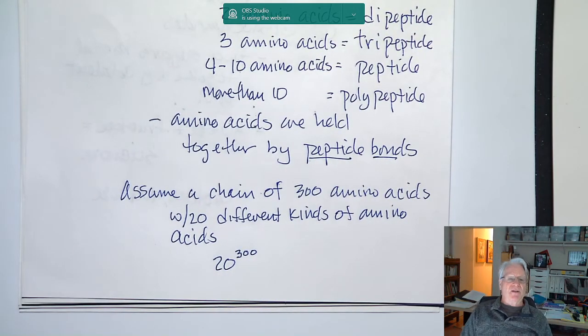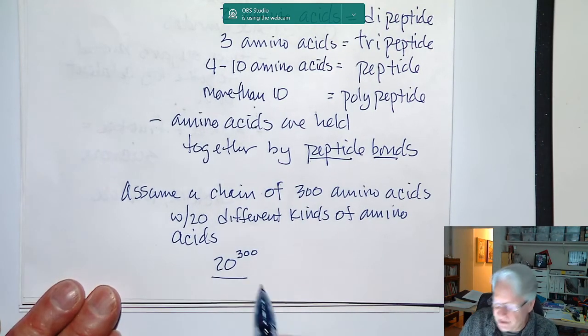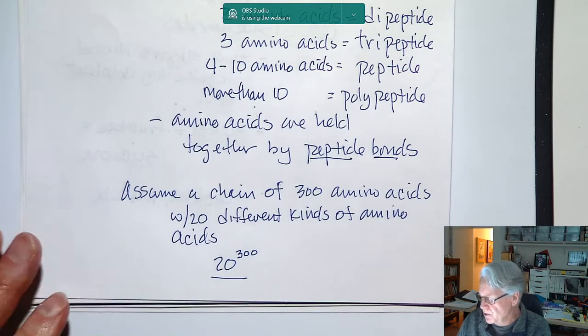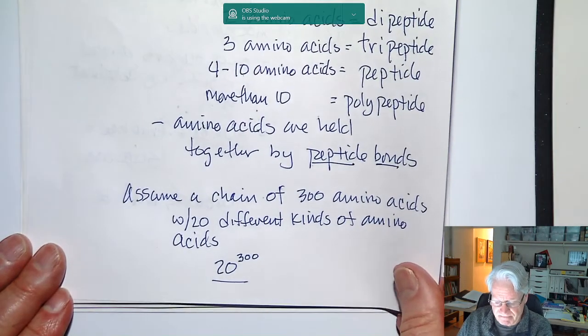That's 20 followed by 300 zeros. That is a huge number. So the different sequences that I can produce using 20 different amino acids and having only 300 in a chain, the diversity of that is tremendous. So that just gives you an idea of the possible diversity that you can produce with just 20 different building blocks. Okay.